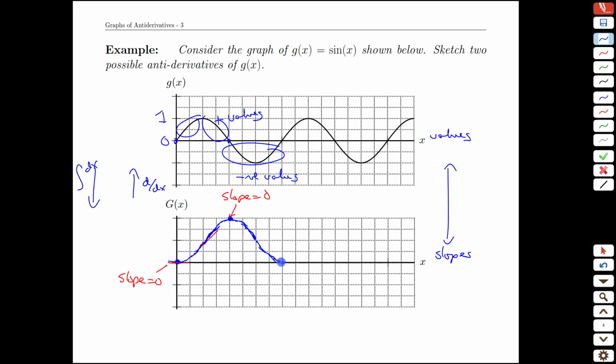We expect to see the same patterns repeat themselves. This 0 value corresponds perfectly to a 0 slope on this graph. And we would just continue that pattern. All of these 0 values on the little g of x graph translate to 0 slopes on the capital G of x graph, like so.